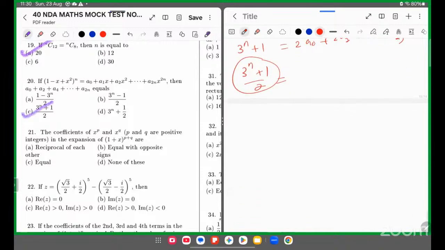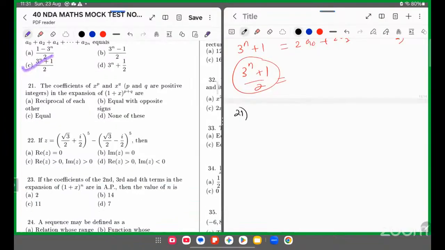Question number 21. The coefficient of x raised to p and x raised to q in the expansion of 1 plus x the whole raised to p plus q are... how to compare the coefficient?